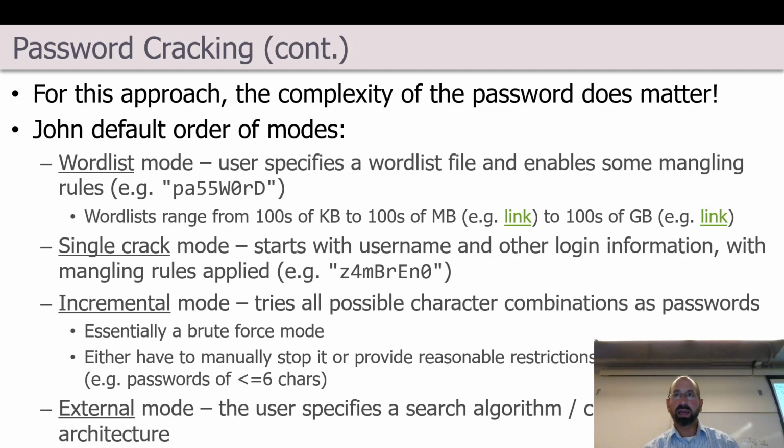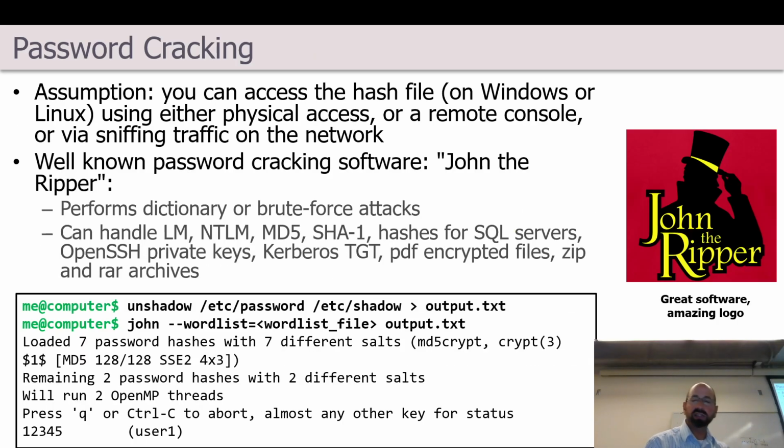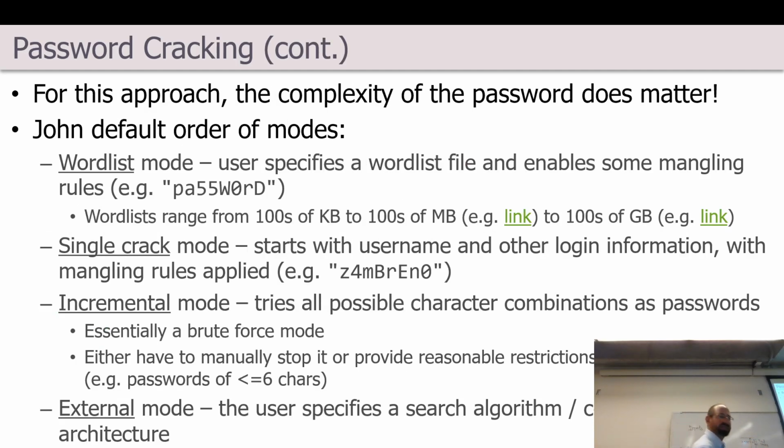The idea being that a lot of passwords are known or bad passwords, and people, when they're asked to specify a password, don't just randomly mash the keyboard. They try to pick something that they can remember that may be based on commonly known words. So the word list mode would start with a text file specifying a list of possible words to consider as possible passwords, as well as some basic so-called mangling rules associated with it.